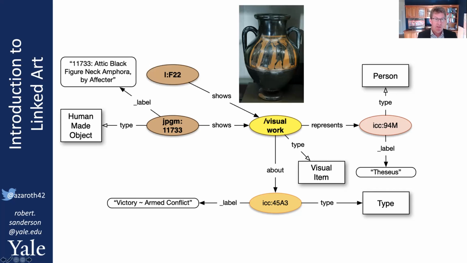So now that we've cataloged and described the visual content that the object shows, it happens that there is also a copy of this in the Louvre, which has the accession number F22. So instead of both organizations, the Getty and the Louvre, having to fully describe their objects and then somehow link them together, the Louvre could simply say that it shows exactly the same visual work as the copy of the amphora at the Getty.